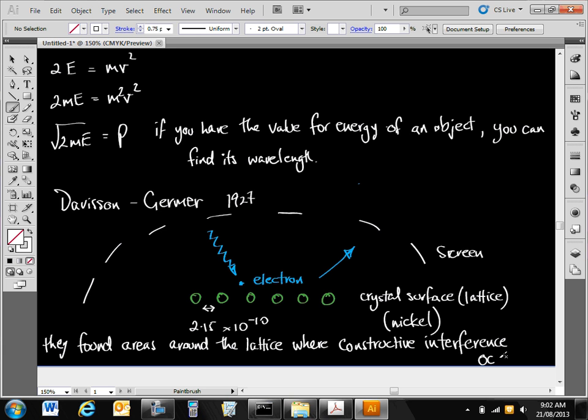Constructive interference occurred. Is that spelled right? Double R? Doesn't look right to me. Occurred. No, that's not right, definitely.